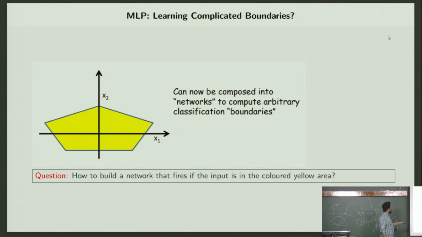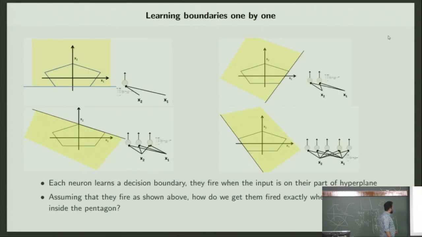So this gives you an intuition that I need 5 perceptrons to identify whether a point is inside or outside. Each perceptron will decide whether the point is on the correct side, and combined, if they agree on the correct position of the point, then we say that the point is inside the pentagon, otherwise outside. So things can be combined.